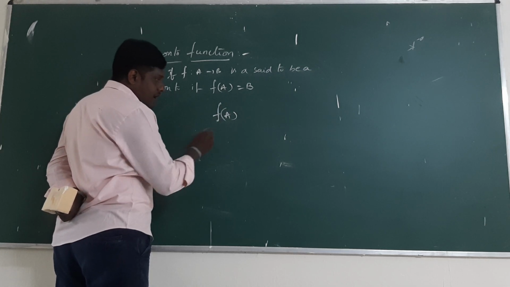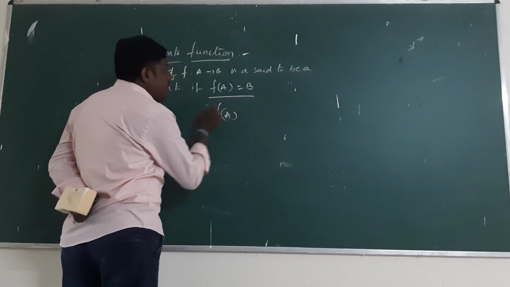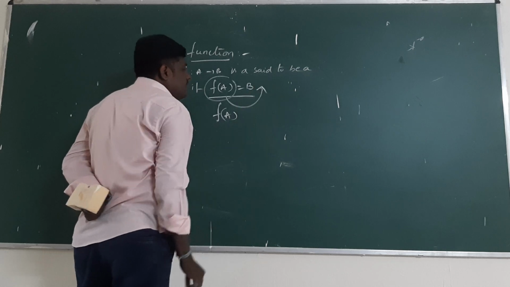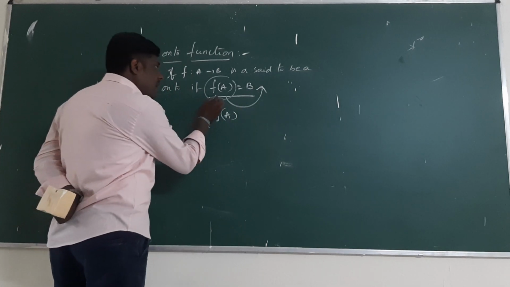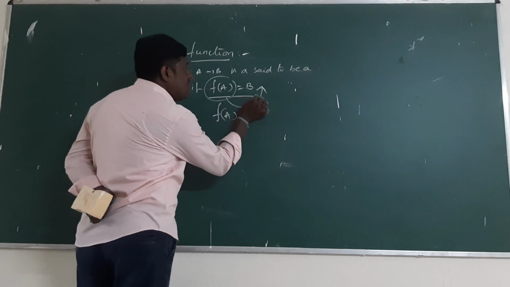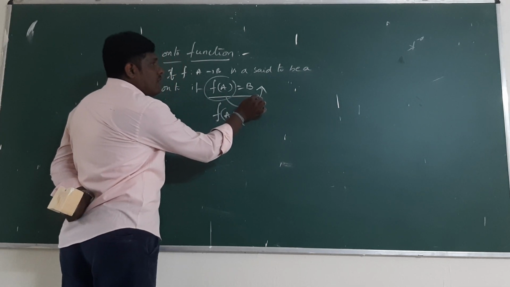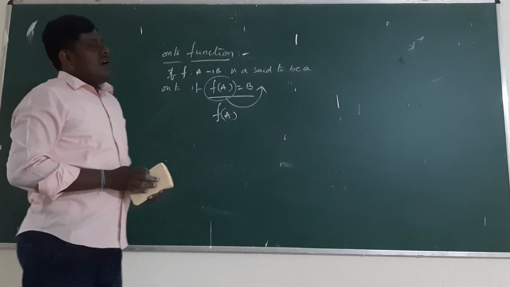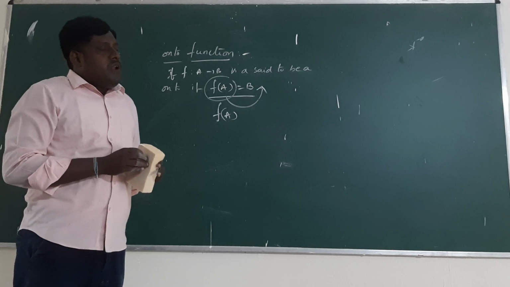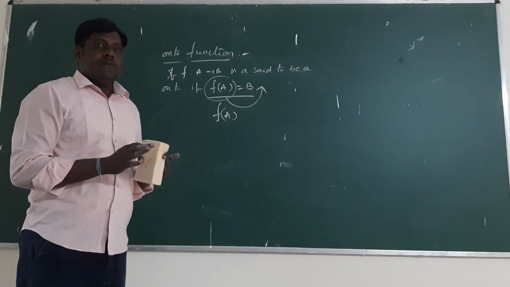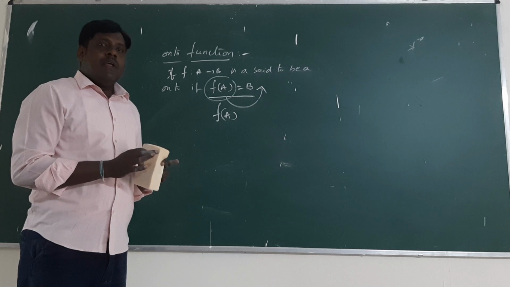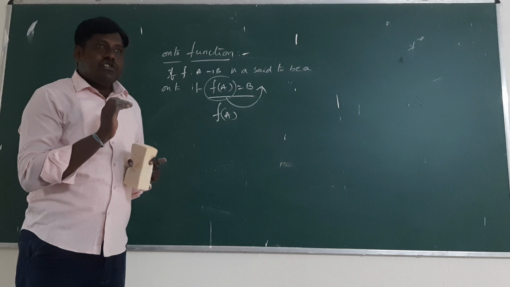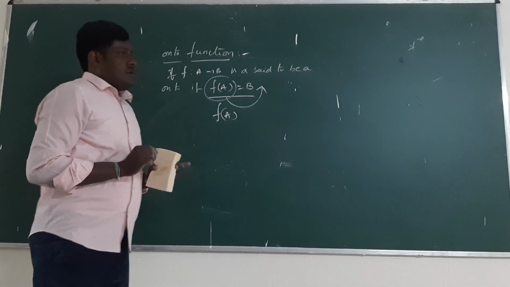This is the condition for onto. All the images of f are equal to the codomain. The meaning of that is in the codomain all elements should be mapped. In this condition only, the function is called onto function.